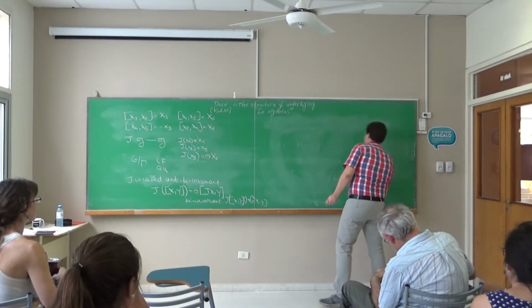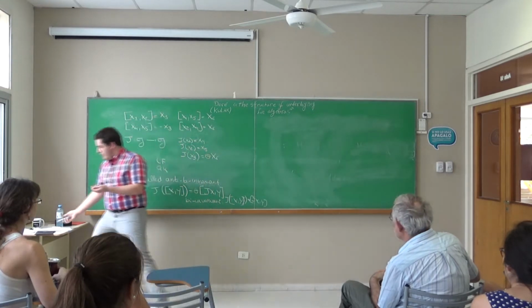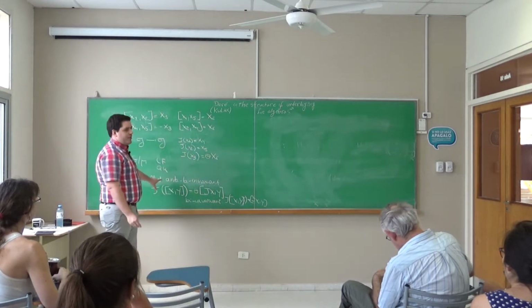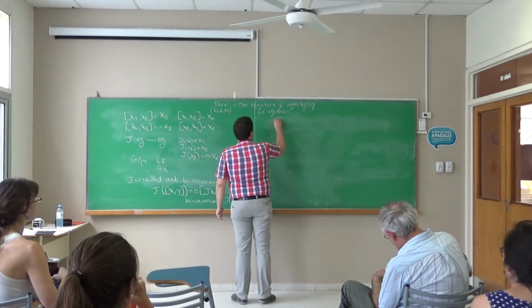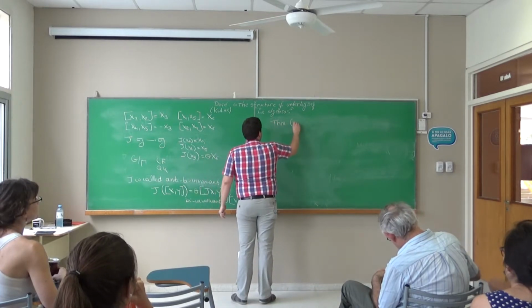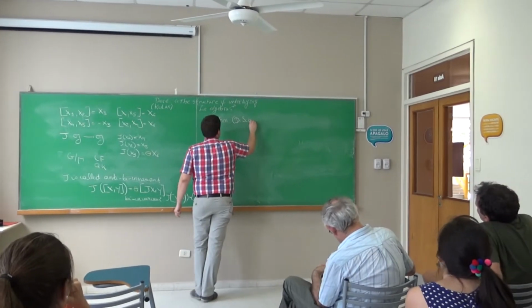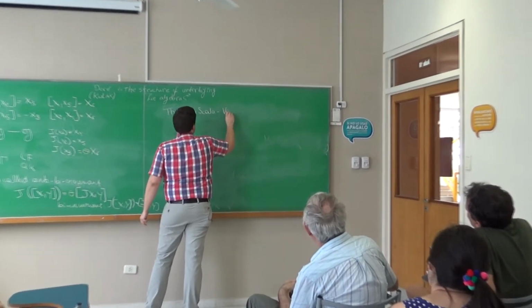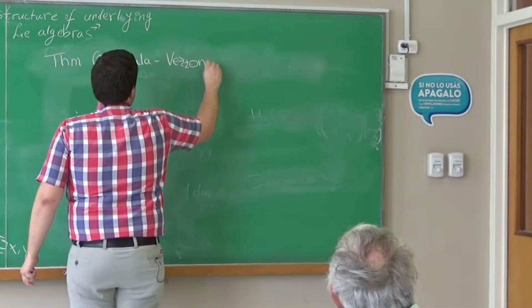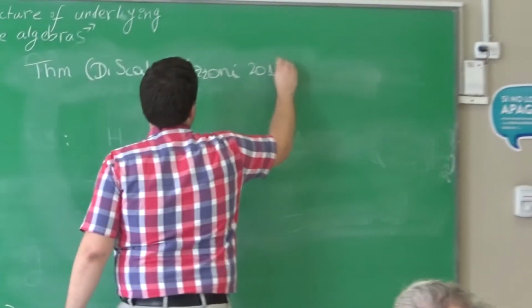And actually what was shown in 2012 is that all examples are of this form. So this is a theorem by Di Scala and Vezzoni in 2012.